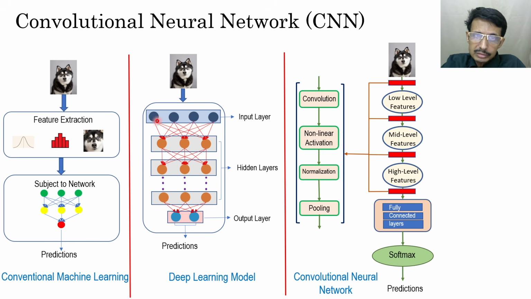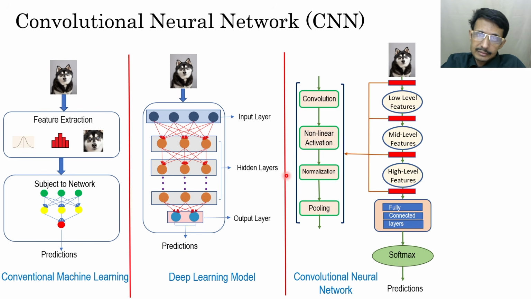And one important thing about this deep neural network is the automatic feature extraction. No human intervention is involved. No human is involved for feature extraction. The network itself extracts the features, then these features are passed to the fully connected layers to get the output.